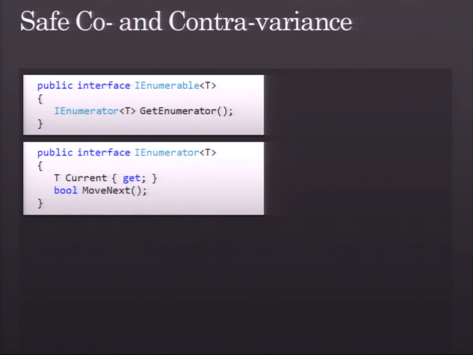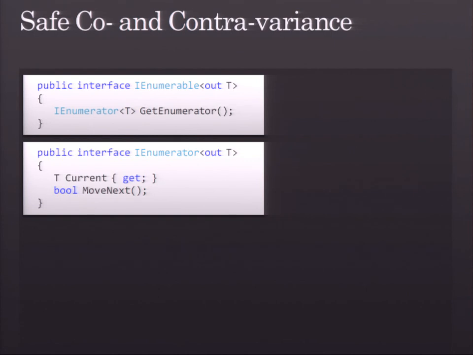Here is IEnumerable of T and IEnumerator of T, two of the workhorses in the .NET framework. And until now, they have been invariant. But in .NET 4.0, we support co- and contravariance annotations on interfaces and delegate types. And so the way they're declared in .NET 4.0 is actually with a little out modifier on the type parameter.